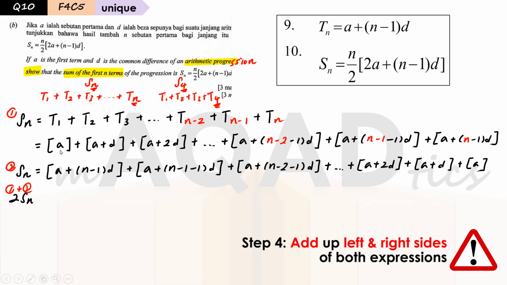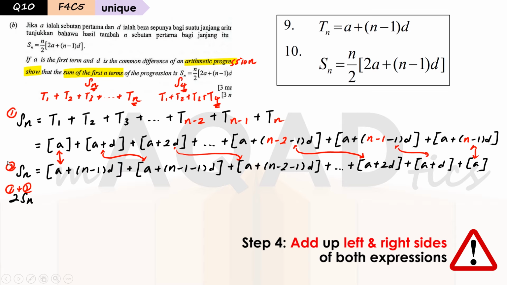Okay, and for each of the values here, how are we going to add them up? So basically, it's like this. The first value of the first expression, which is a, I'm going to add with the first value in the second expression. Okay, so the second value with the second value, third value with the third value. The last third value would be added with the last third value, and so on.